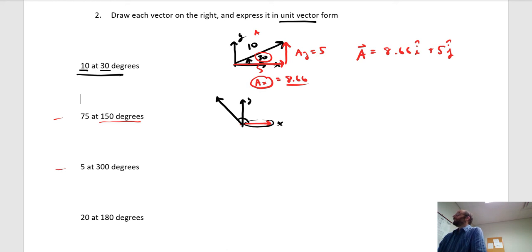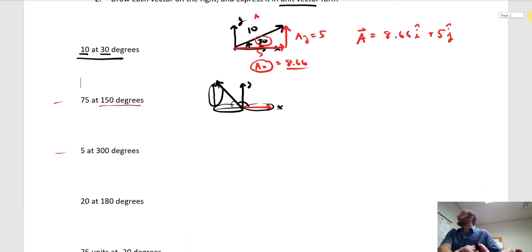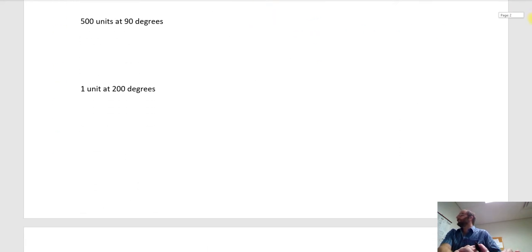So that's how you draw the vector. Then draw its components, which will look something like this. I would probably use this angle. Should be pretty easy to figure out what that angle is. Then use your basic right angle trig to find this, and then express that vector in unit vector form. All right. That should get you through that set of problems, hopefully. Contact me if you're having trouble.